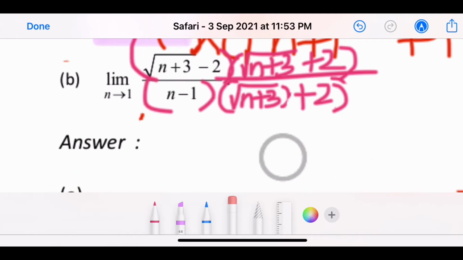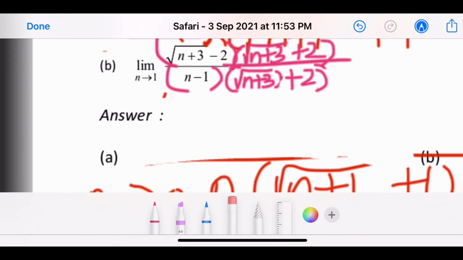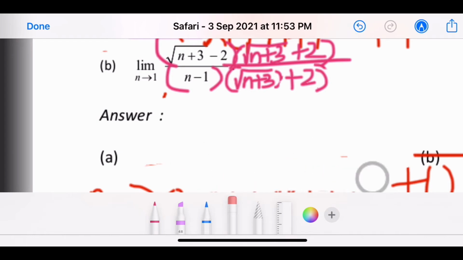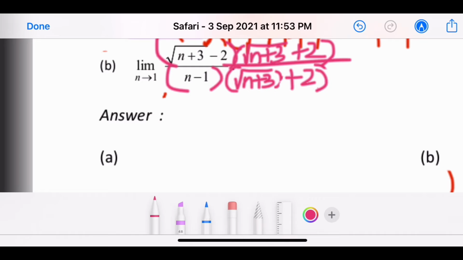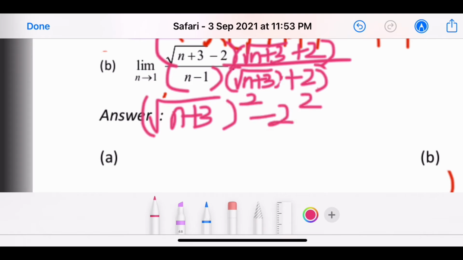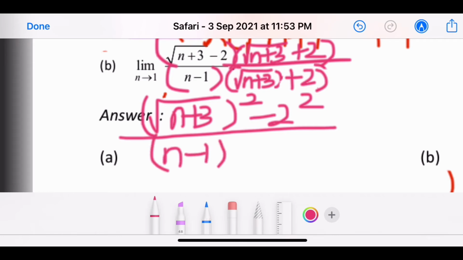We are going to expand carefully so that we can get the answer. So I'm going to use the cube root of n plus 3, squared, minus 2 squared, over n minus 1, times the cube root of n plus 3 plus 2, right?